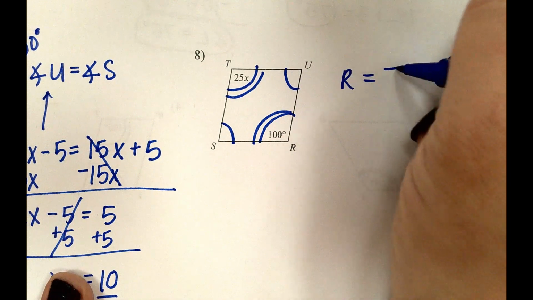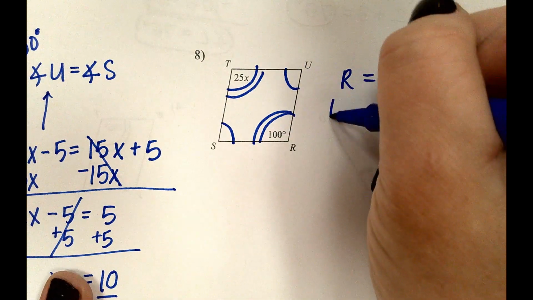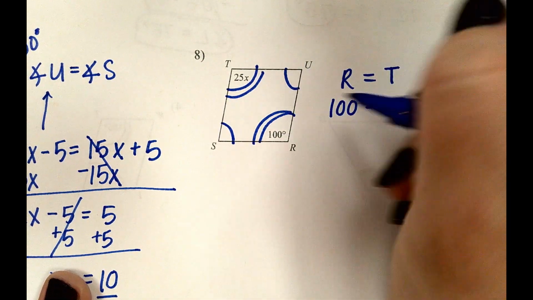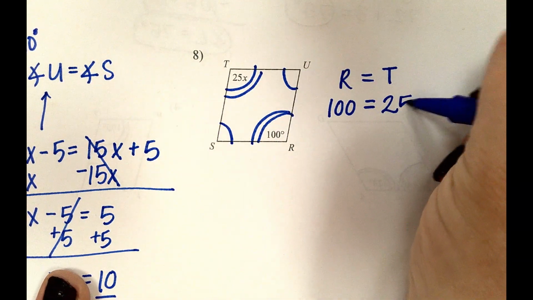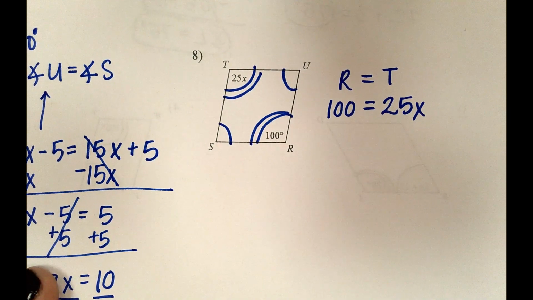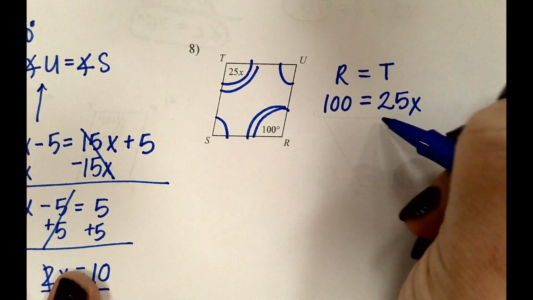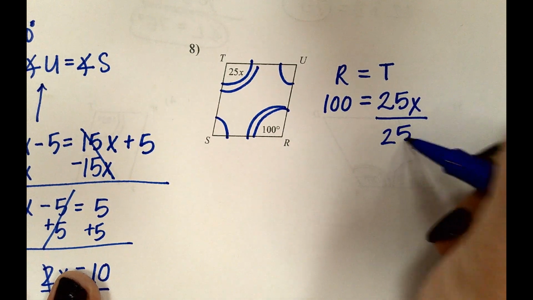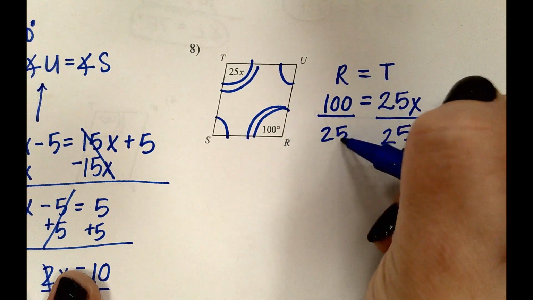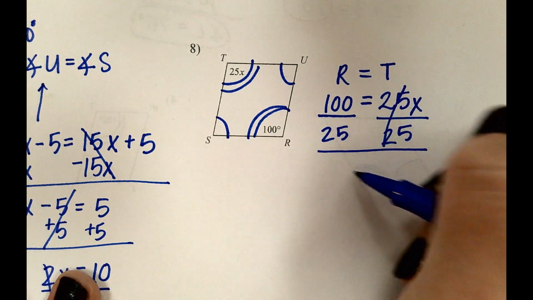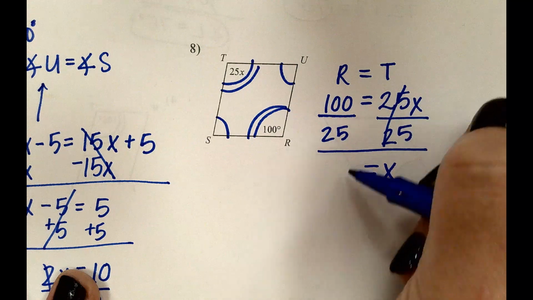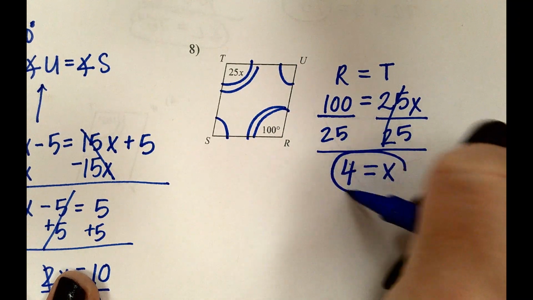R is equal to T, so 100 is equal to 25x. We'll solve for x. Divide by 25 on both sides, and we get x equals 4.